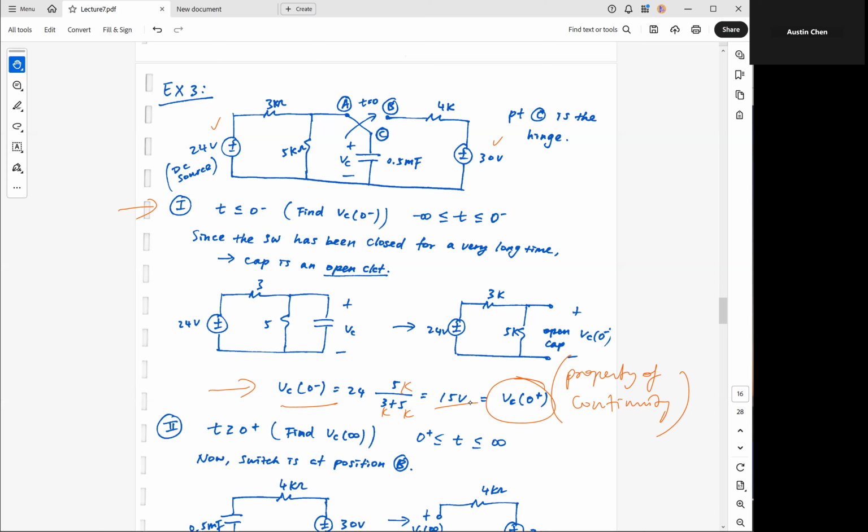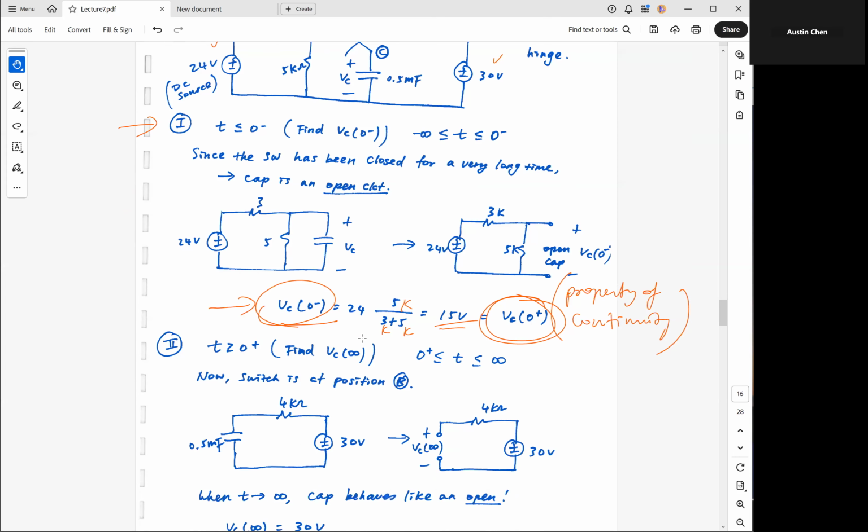So VC at 0 plus is equal to this VC at 0 minus, and is equal to 15 volts. So we have found one of the three variables of interest for us to complete that template.